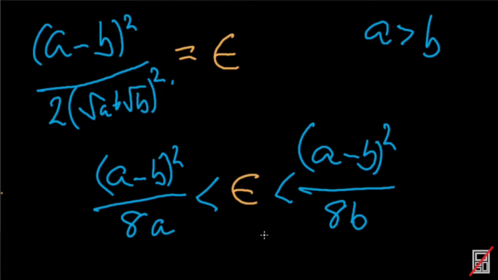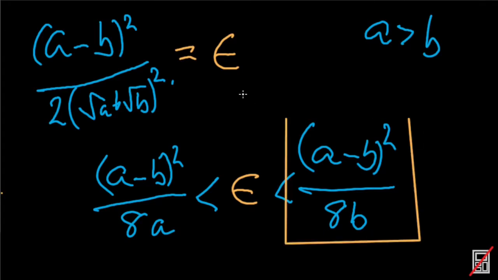So not only do we know that our answer will be off by at most this amount, but we can actually bound it between two other numbers. Let's see some applications of this.